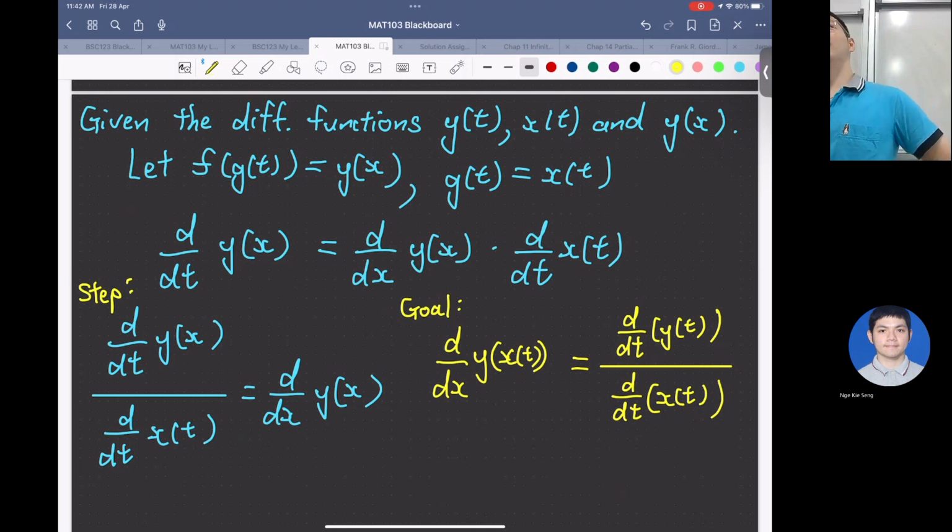What are the three things you have? Let me guide you one by one. Sheldon, I haven't seen you in a long time. So what are the three differentiable functions we have in this proof, given in the question?